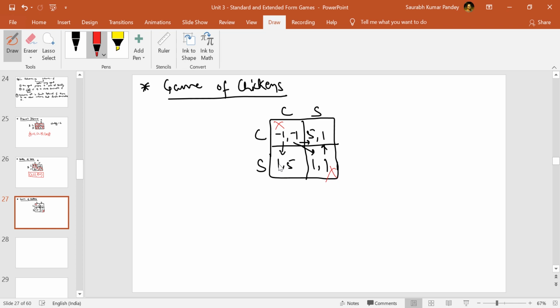You can see over here 1 is gaining utility and going to 5, and 5 is losing its utility, and vice versa from 5 1 to 1 5 also. So over here you can say that 1 5 and 5 1 both are Pareto optimal solutions. So here CS and SC are your Pareto optimal solutions, fine.